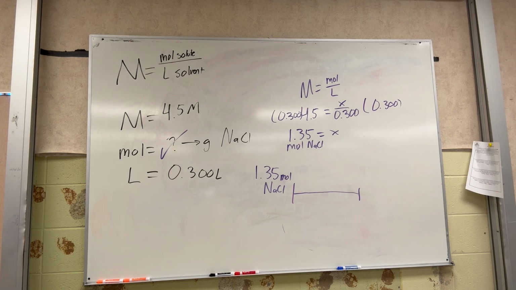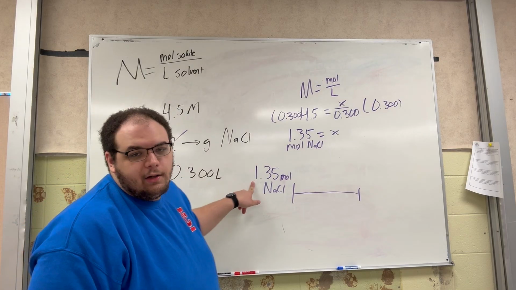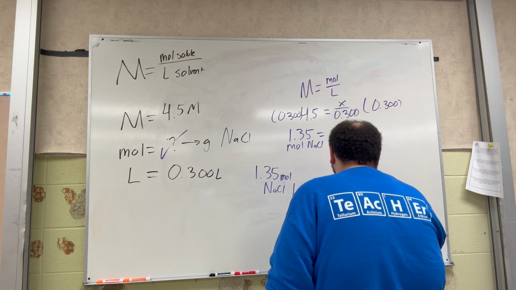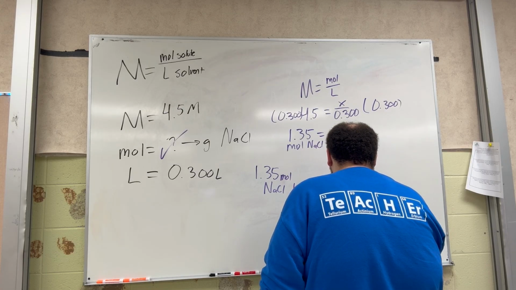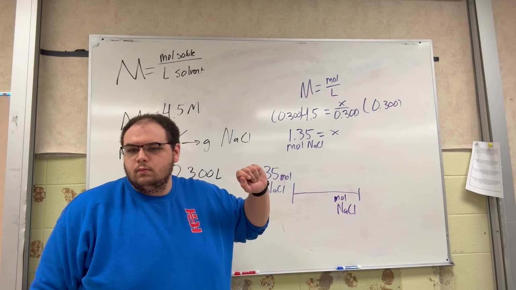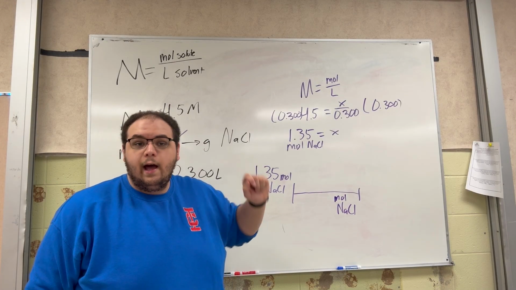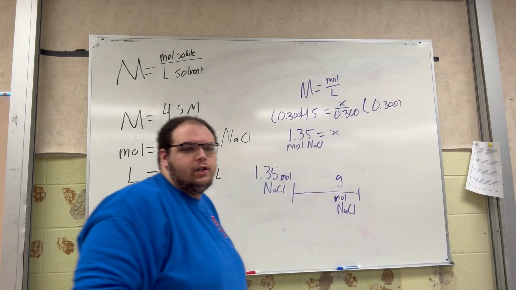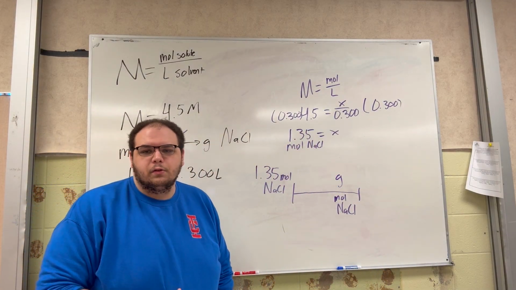If I have moles of NaCl here, what am I going to have down here? Moles of NaCl. Am I able to just go straight from moles to grams? Yeah, sure am. We're not changing compounds. There's no equation. We're just doing a moles to grams conversion.